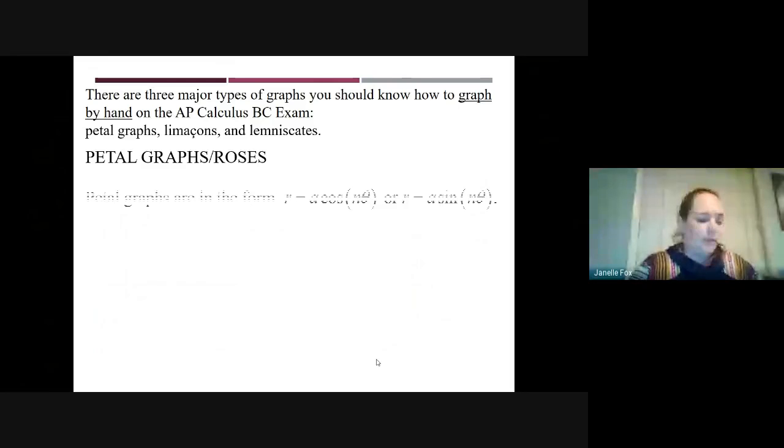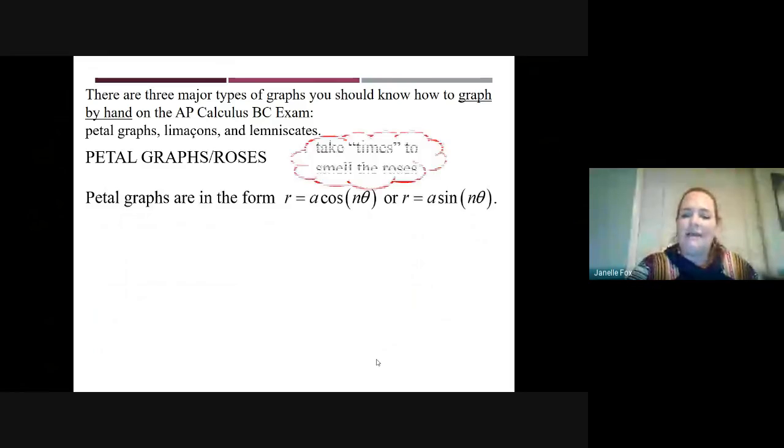So the first graph is called petal graphs or roses. And a fun way to remember this, because we're all about the fun ways to make it stick in our brains, right? We don't want it leaking out. That would be so silly. We're going to take time to smell the roses. Kind of silly, but it's totally going to work.